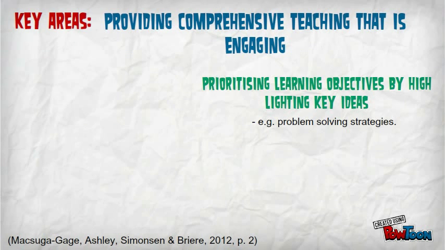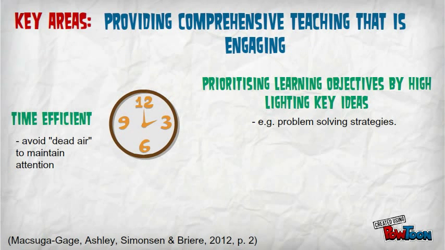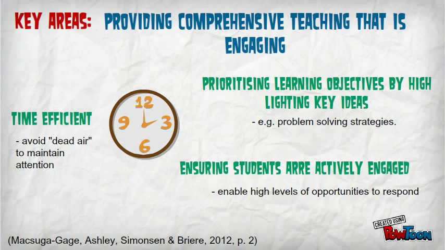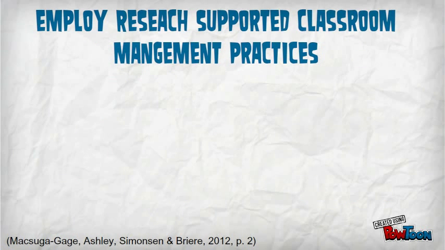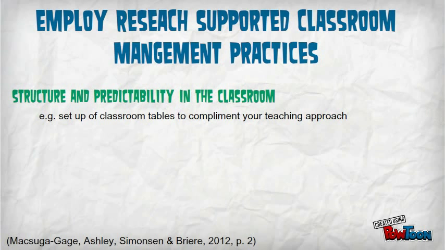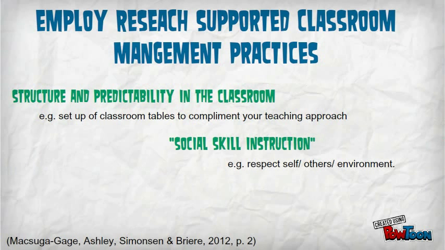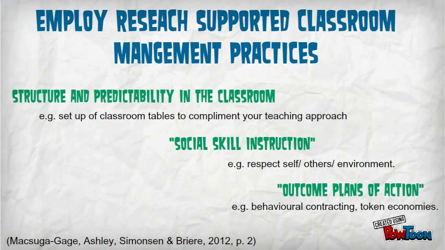This can be done by prioritizing learning objectives, being efficient with time, ensuring students are actively engaged, and delivering feedback. Also, employ research-supported classroom management practices to promote a positive classroom environment. This can be done with environmental strategies that enhance structure and predictability in the classroom, using detailed social skill instruction, and using outcome plans of action for behavior.